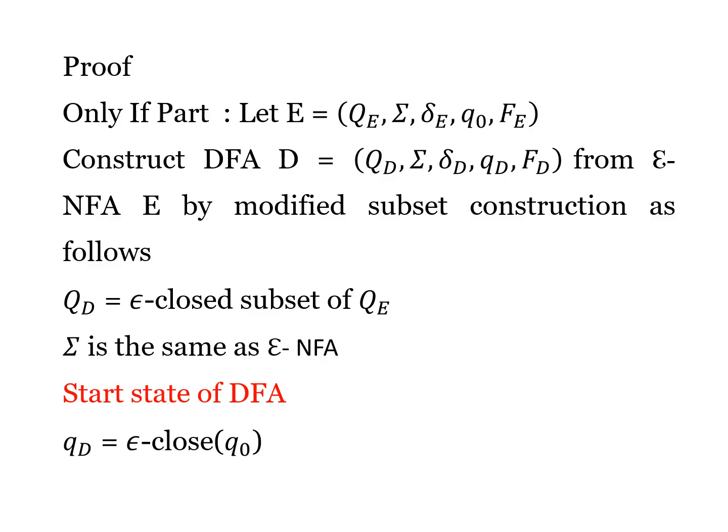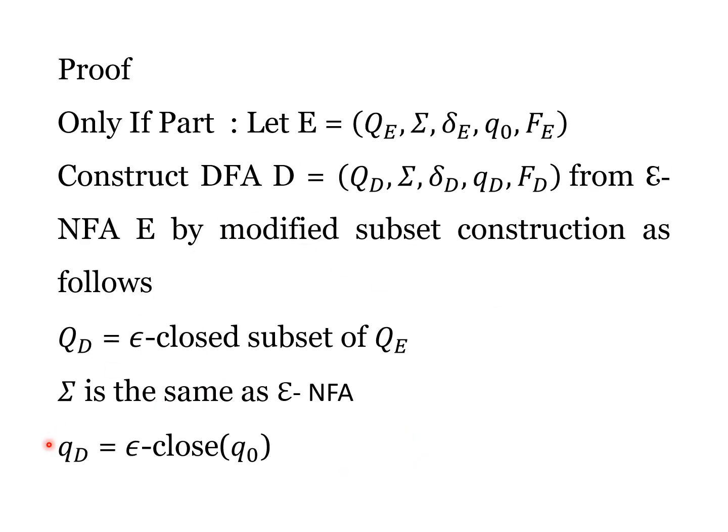Definitely this is going to be a set that we obtain as the start state of the DFA, by taking the epsilon closure of the start state of epsilon NFA. That is what is given here as epsilon closure of Q0.